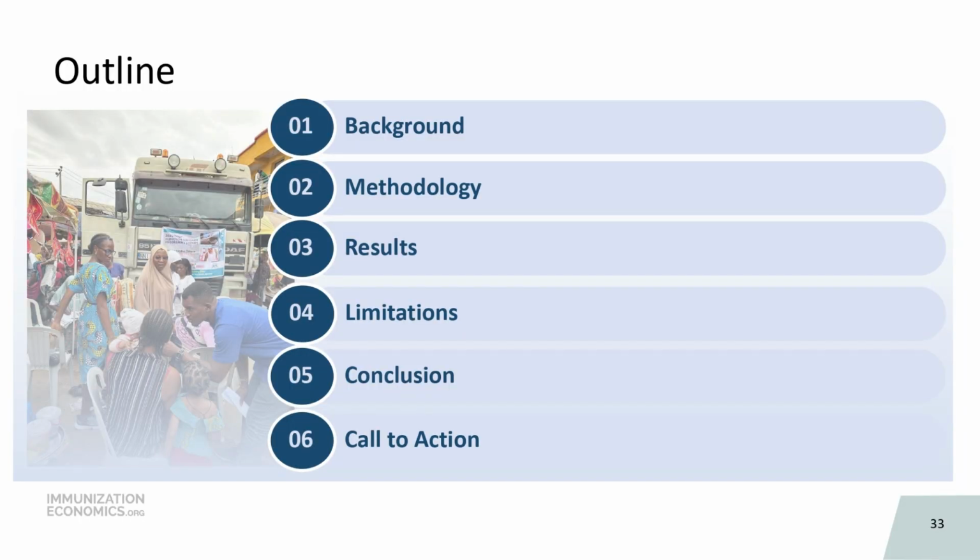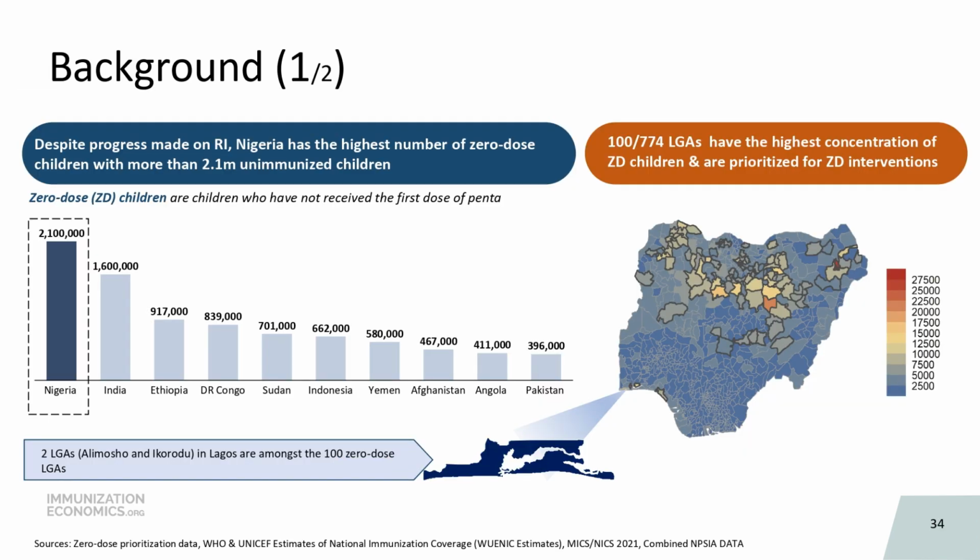To provide some background on the next slide, as mentioned by Flavia earlier, zero dose children are those who have not received the first dose of the pentavalent vaccine. But more specifically for Nigeria, we are looking at the age cohort of 12 months to 23 months.